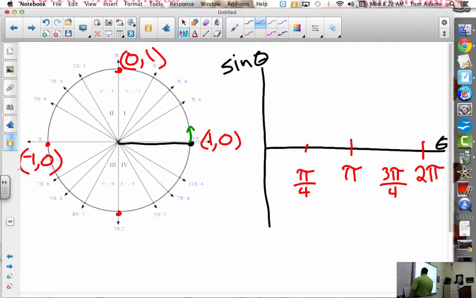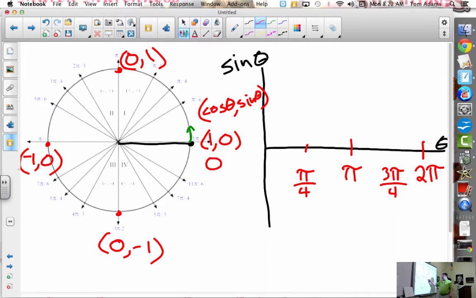And then lastly, here we have 0, -1. Now we said that this is always written in terms of cosine, sine, right? Does that make sense?